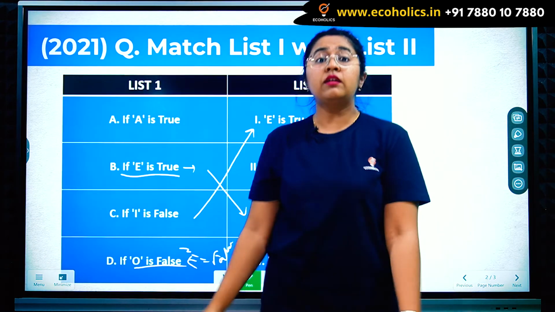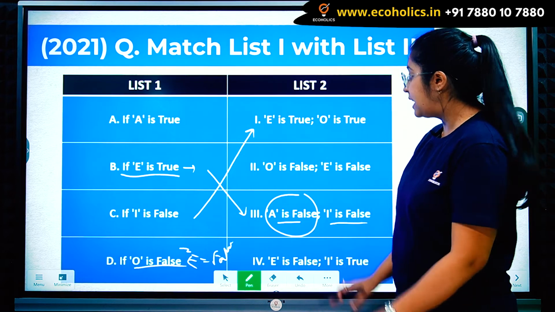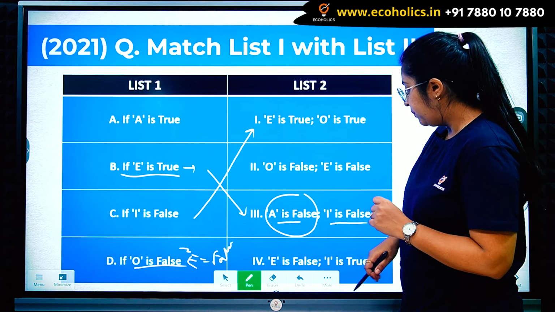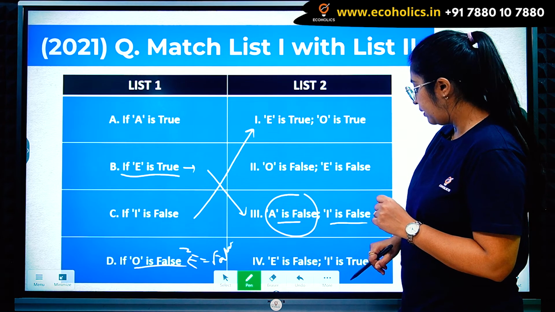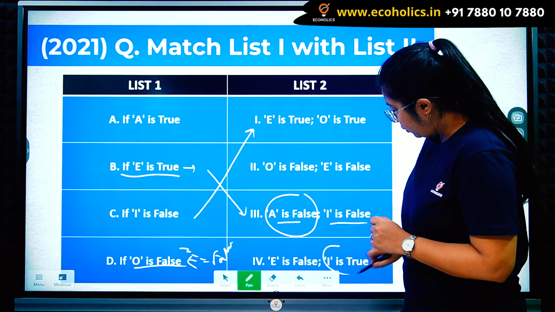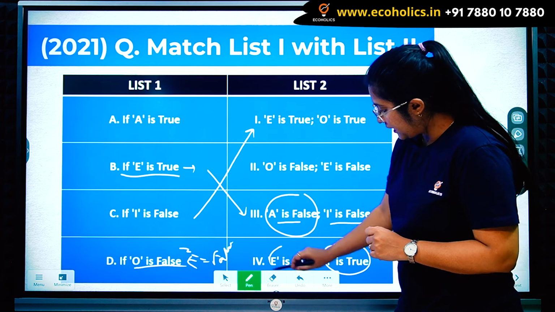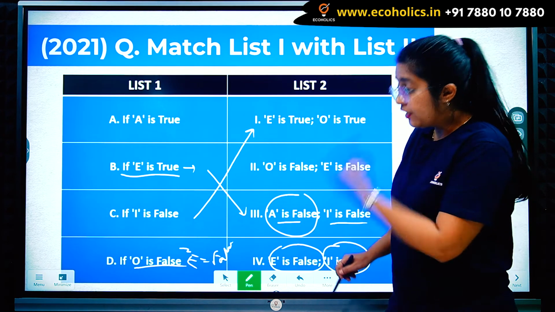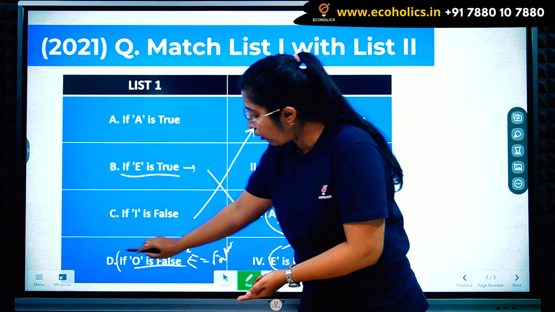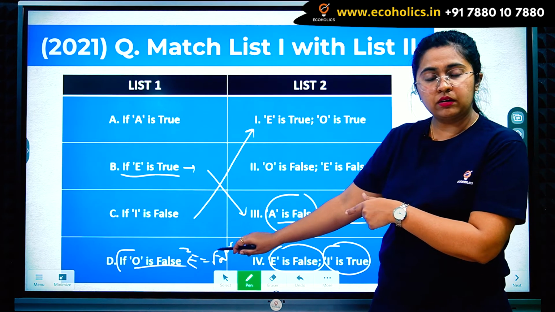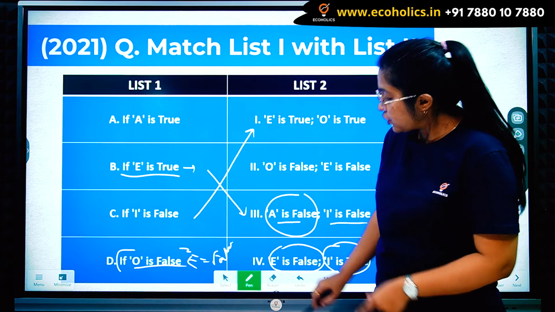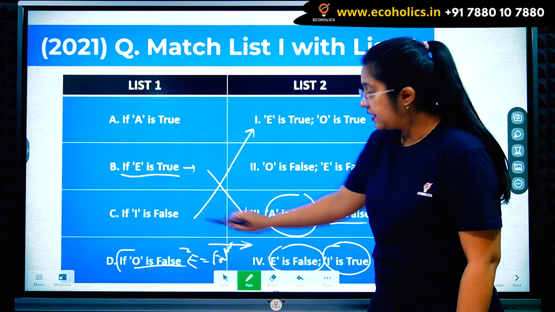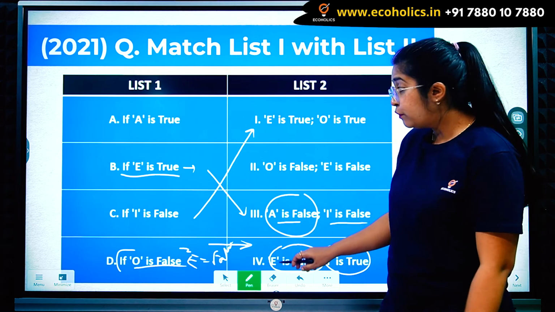Which of the items on the list have the same concepts? Okay, so I is true and E is false. Both of which denote the concept of O type of statements, which is why we will say that D has the correct option as 4.